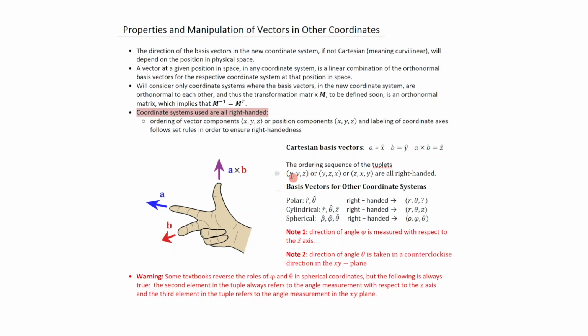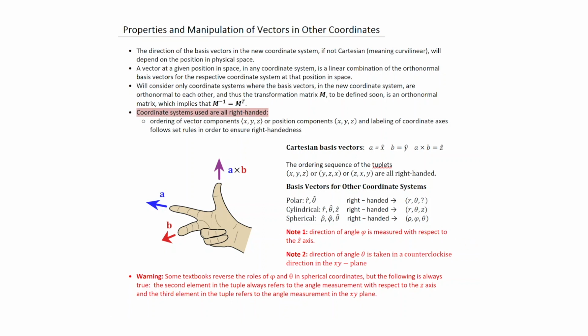That means y moves over one, z moves over one, x moves to the end. If you shift one more, then z goes here, x goes here, and y comes around to the other side. So any combination of this form is a right-handed system. If on the other hand I took any two of these and interchanged them, then I'm dealing with a left-handed system. Keep that in mind.